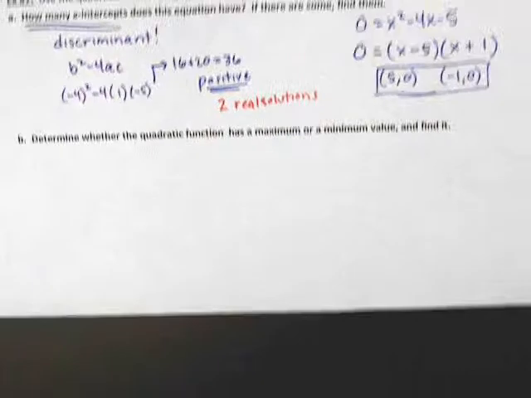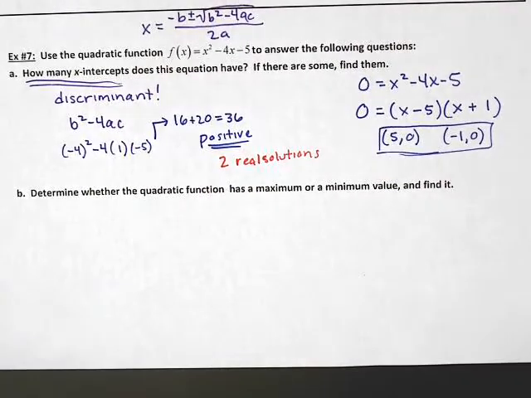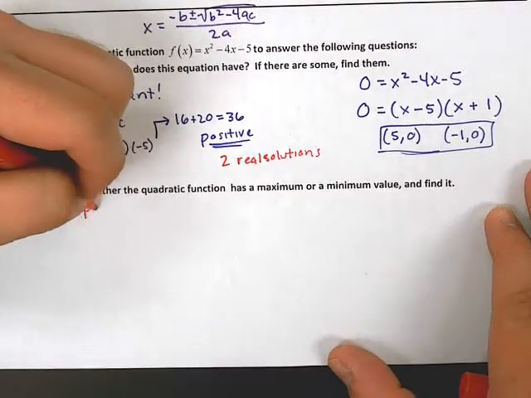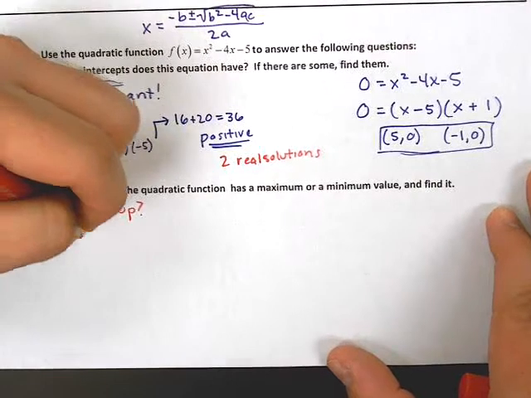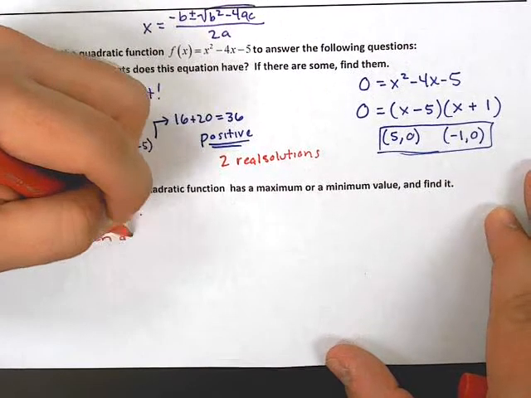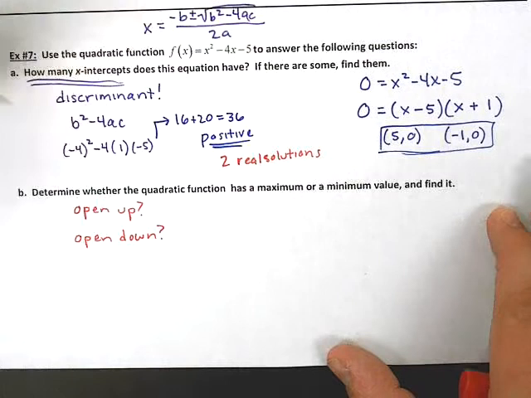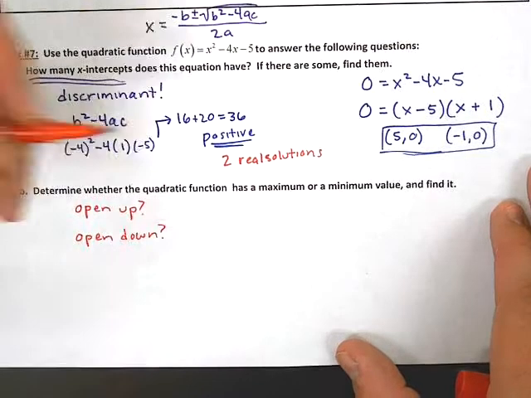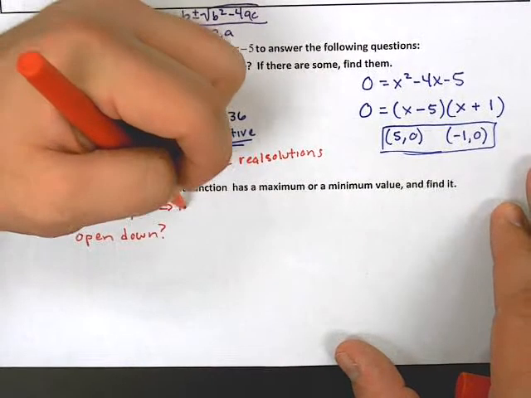Okay? Part B is pretty easy. We want to know whether it has a max or a min. Well, really, guys, what we need to figure out is whether or not it opens up or down. The reason is because if it opens up, then you have to have a min.